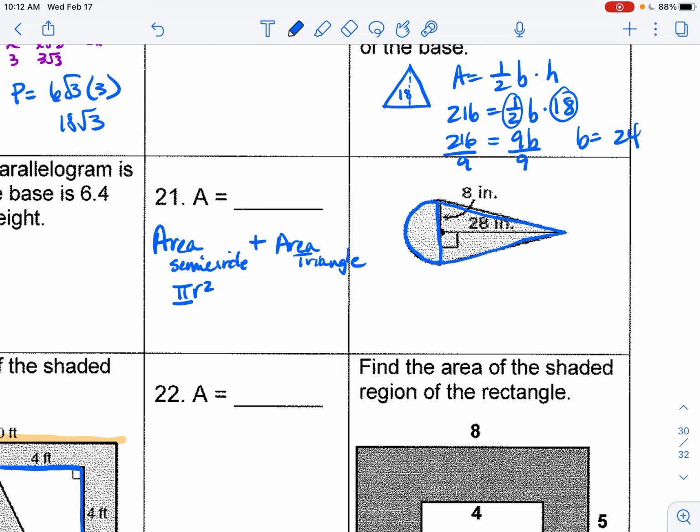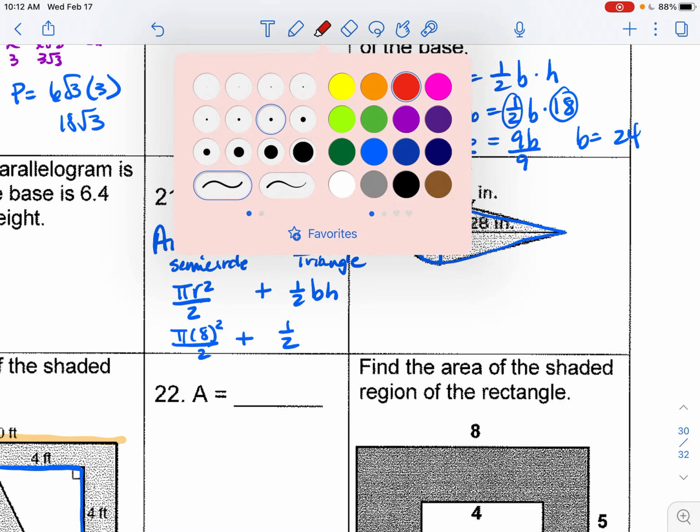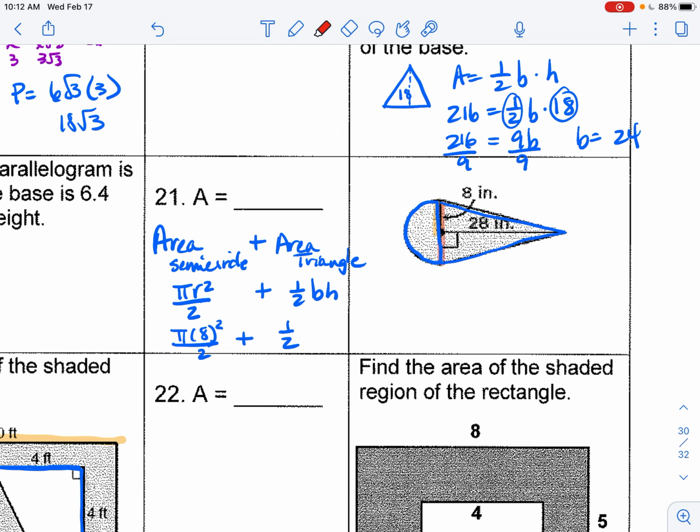Okay, so the semicircle is pi r squared divided by 2, and the area of a triangle is half base times height. So I can see that my radius is 8, so this is pi times 8 squared divided by 2, and the base of my triangle is the whole thing, and so that would be 16. And so half times 16 times 28, the height of the triangle is 28, and that's given.